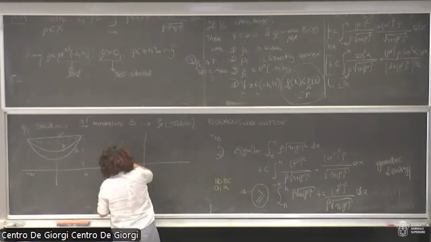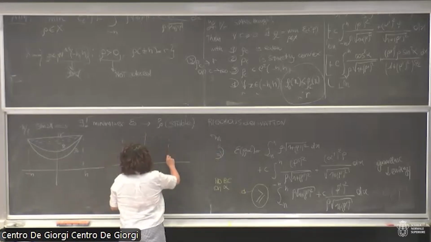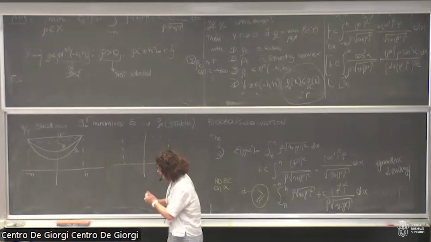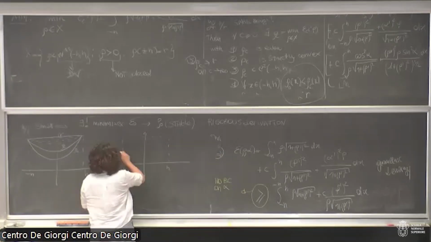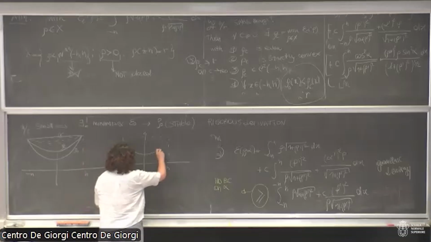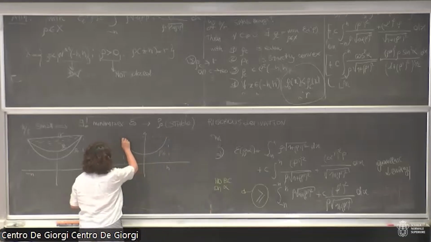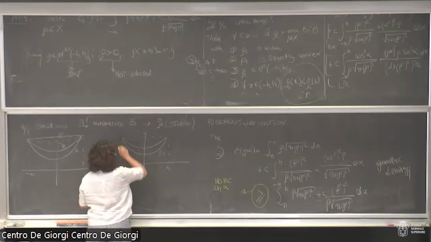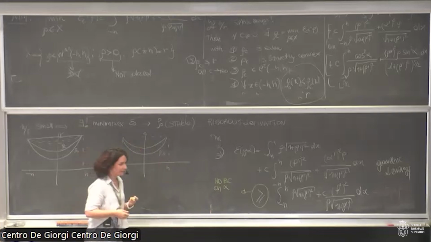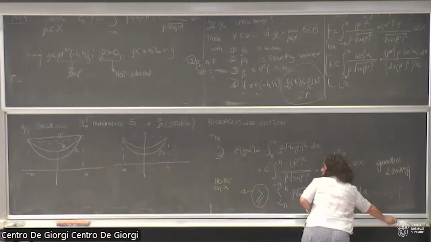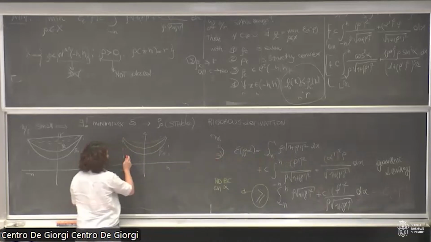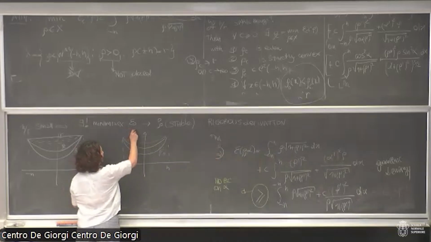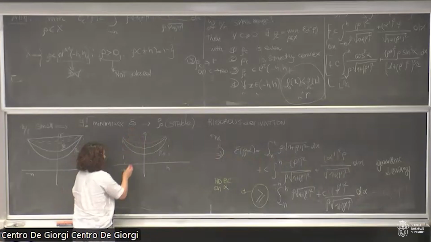There is one thing that we are not able to prove. Numerics says that this holds, but from a rigorous point of view we are not able to get it. So this is rho 0, and let me draw two solutions in another color: let me call this rho C2, and this is rho C1.